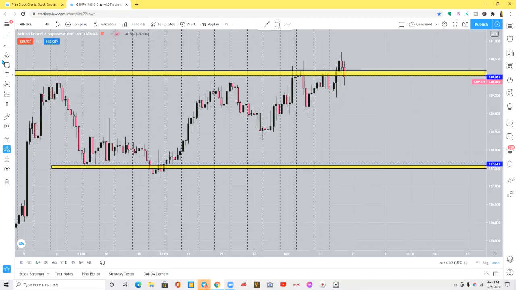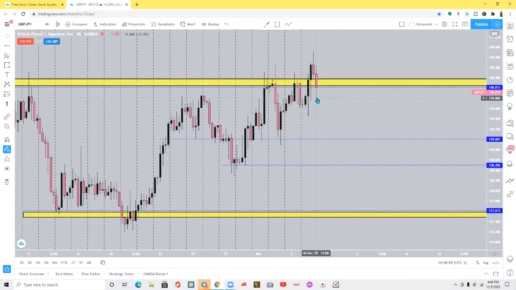Okay. These wicks are very important right here. Yeah, I see it. So these are potential targets that if we do continue pushing down, these are potential targets where price may definitely start hitting.